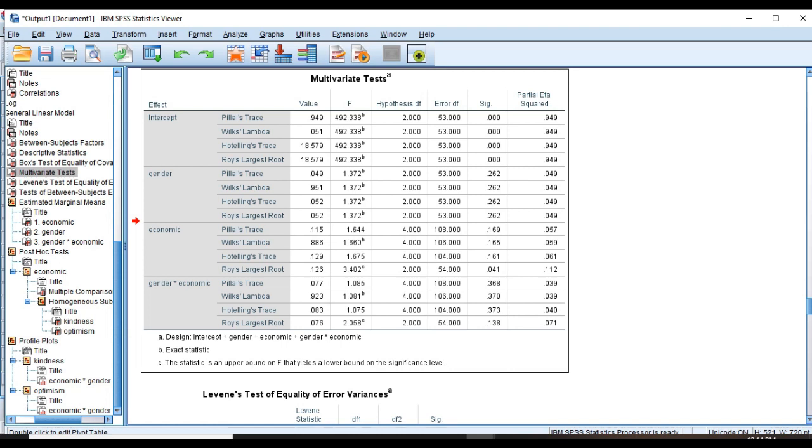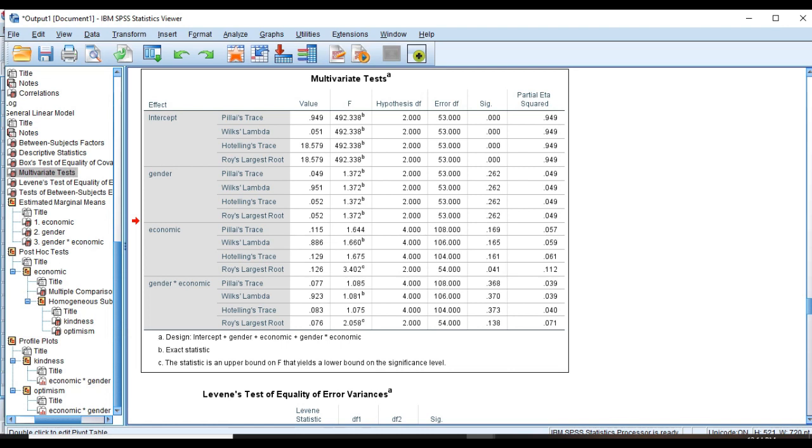So anyway, for economic in Pillai's trace, the p-value is 0.169. By looking at the partial eta squared, the percentage of variance explained for economic is 5.7%, which is not a statistically significant, small effect.